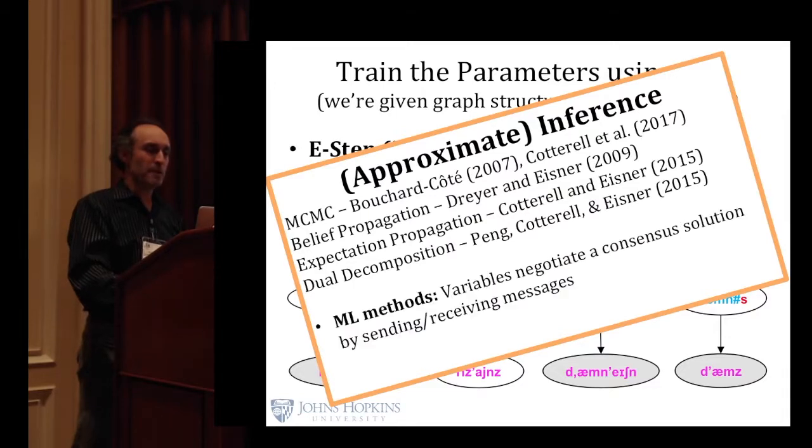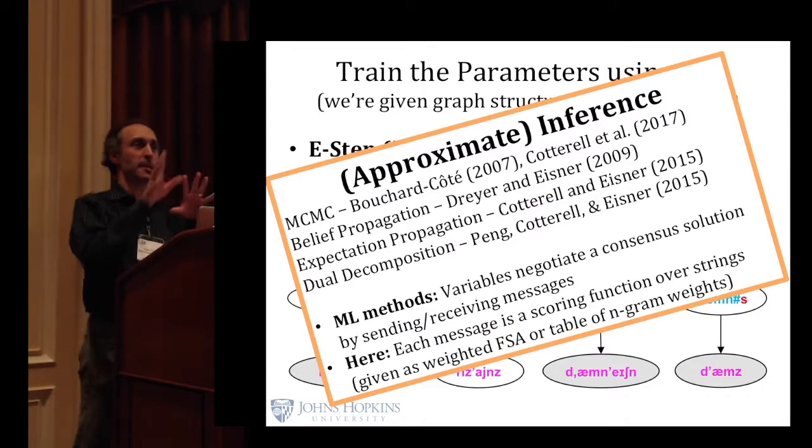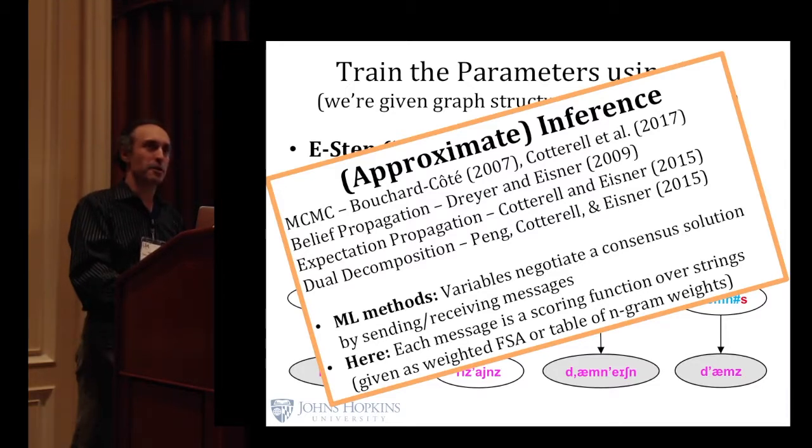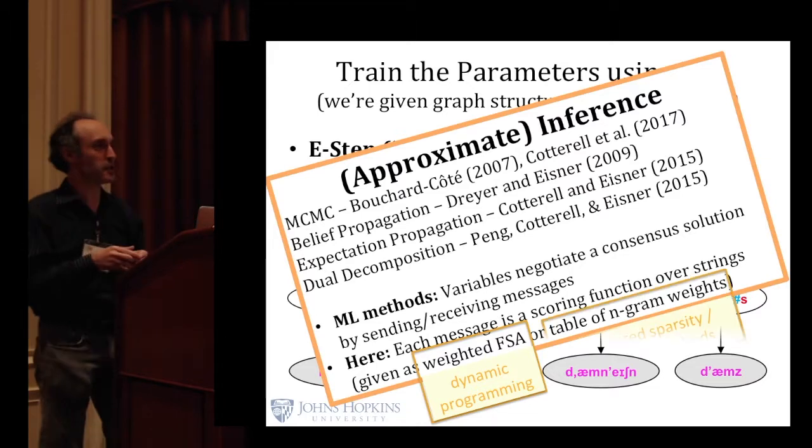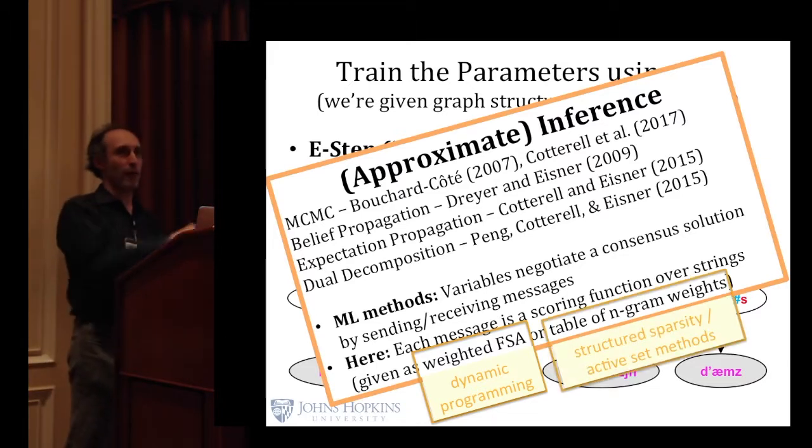Okay. So the idea in these machine learning methods is that the variables are sending each other messages to negotiate a consensus solution, and the way that they're communicating with each other is by passing around distributions or the parameters of distributions over strings.